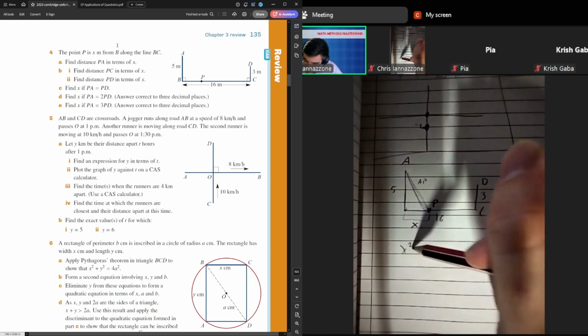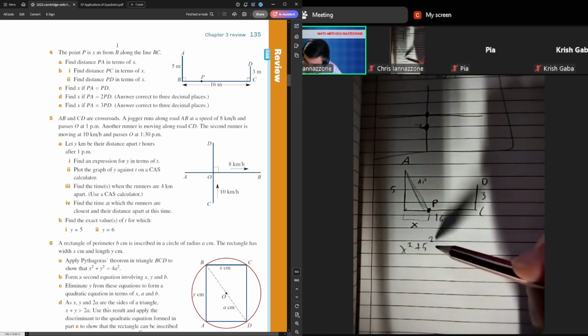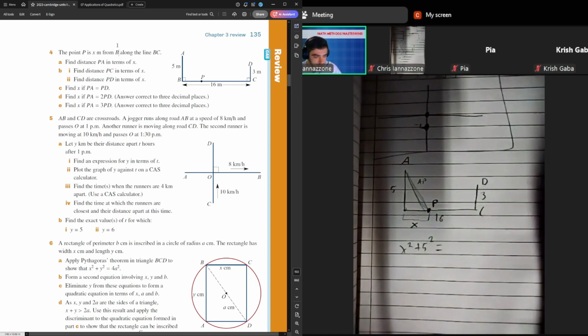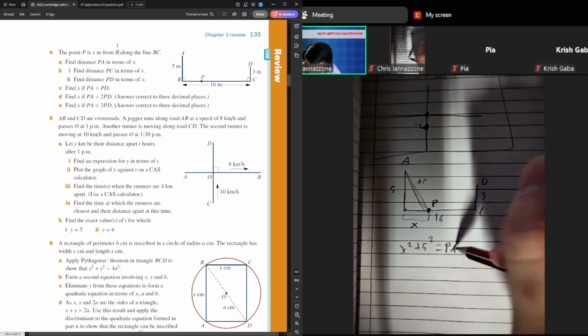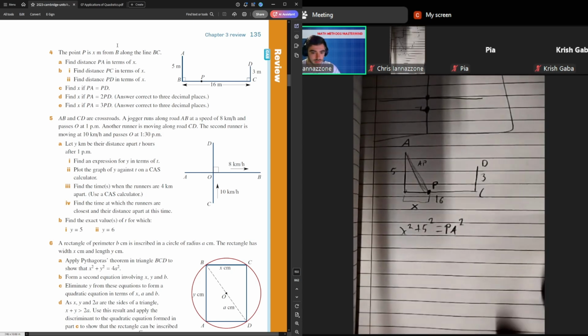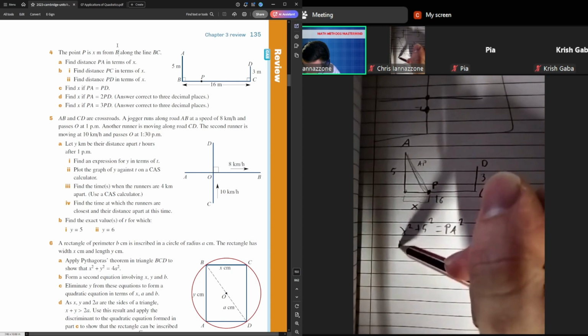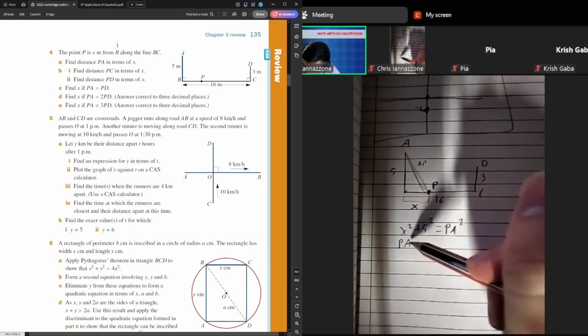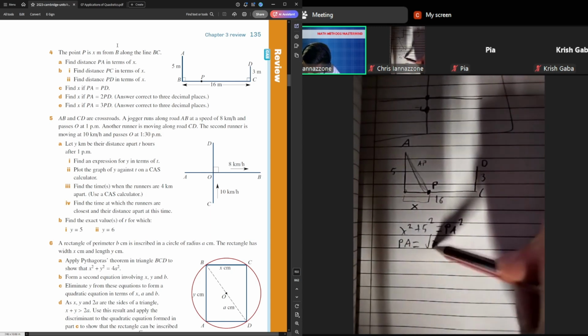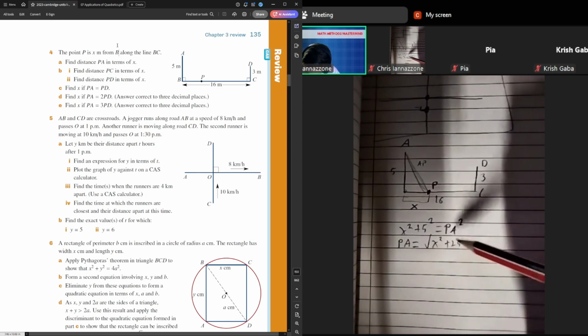So you've got x squared plus 5 squared is equal to, I guess you can call it PA squared, why not? And then obviously, once you have this, if you want to find PA, you're just going to square root both sides of this. And you're going to make sure it's only positive because distances can only be positive. Square root of x squared plus 25.